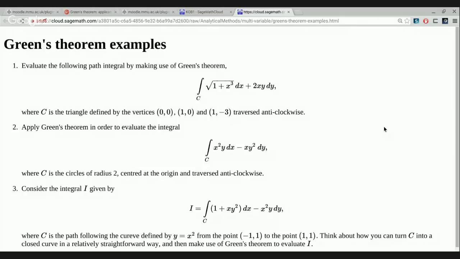So Green's theorem illustrates how it can be like a tool that's floating around that you can often call upon to help you evaluate path integrals.